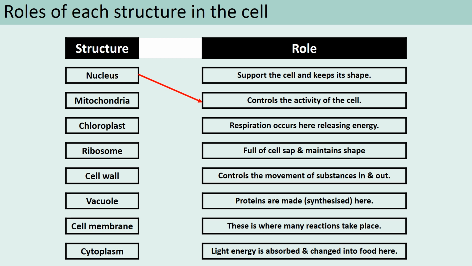I would also like to add on to that, which will be relevant in future biology topics, is where the genetic information is contained. The mitochondria, this is where respiration happens. Now, respiration is how we get our energy. So it happens in both plant and animal cells. There's two different types of respiration, but that will come up in a later chapter.